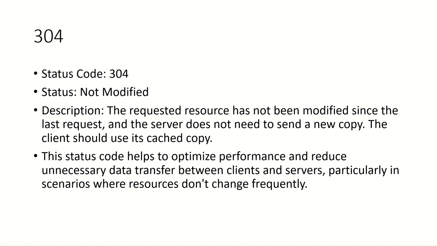In that case, you can use 304 as the status code. So this is what we are saying here: the requested resource has not been modified since the last request, and the server does not need to send a new copy. The client should use its cached copy.